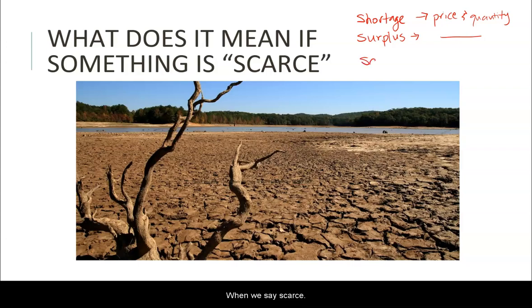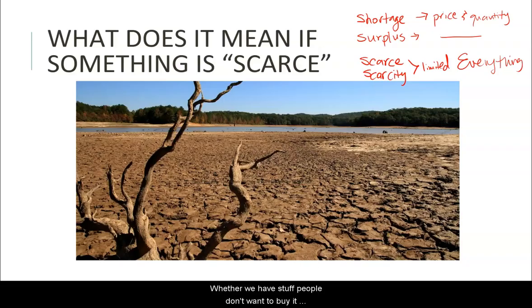When we say scarce, or sometimes it's called scarcity, this just means that it is limited. And as economists, we say that everything is limited. Everything is scarce. So all resources are limited. Whether we have stuff people don't want to buy, it was still made with limited resources that maybe we could have used better.